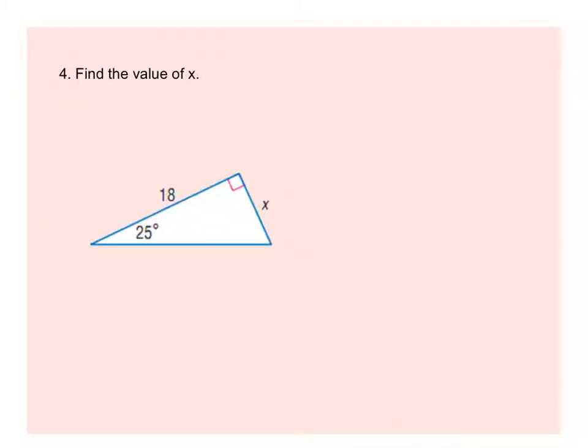So if I'm looking to figure out the value of x, well, here's the angle I know. So that's the angle I want to take the perspective from. So x is the opposite. 18 ends up being the adjacent. So adjacent, opposite, means I use tangent.